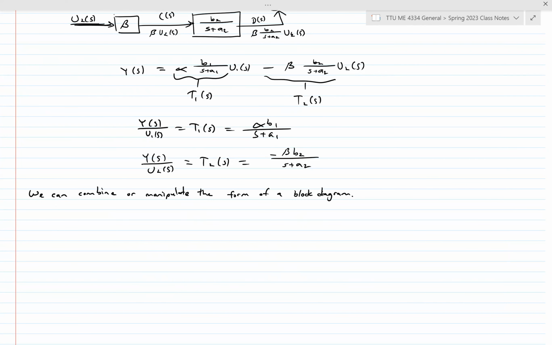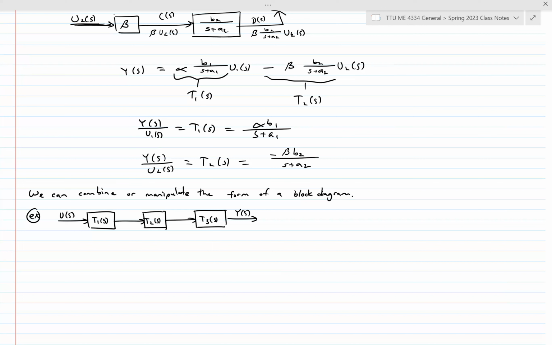All right. So one example, if I want to simplify the following, we have U of S going into T1 of S. That goes into T2 of S. That goes into T3 of S. And then we're spitting out Y of S. What is a faster way to represent this? From U to Y.